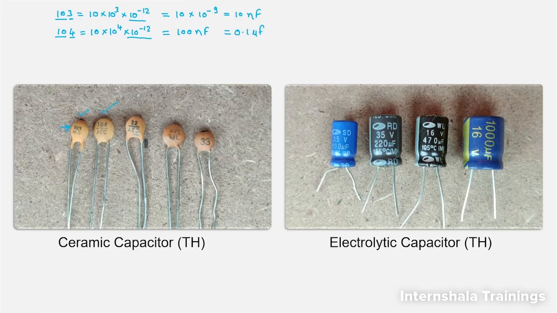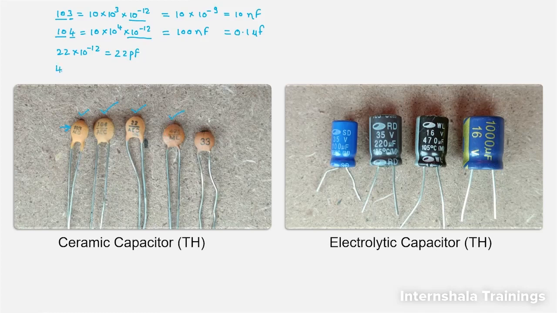After that, in this capacitor, you see there are only two digits. So straight away you multiply these two digits by 10 to the power minus 12, and that gives us 22 picofarad. So that's the 22 picofarad capacitor. Now let's calculate the value for this capacitor, which is 471.